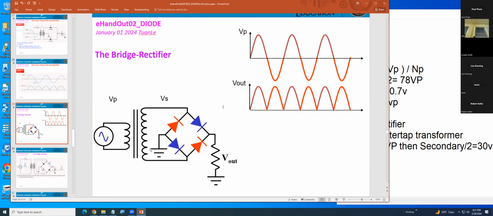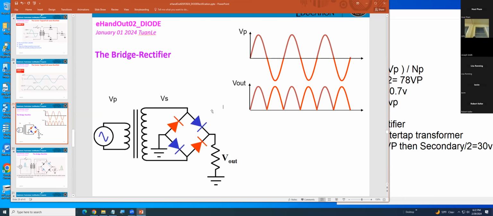They don't want to use the center tap transformer. Why? Cost too much. They do the same job. However, a bridge rectifier uses only 4 diodes. 8 diodes, 25 cents.